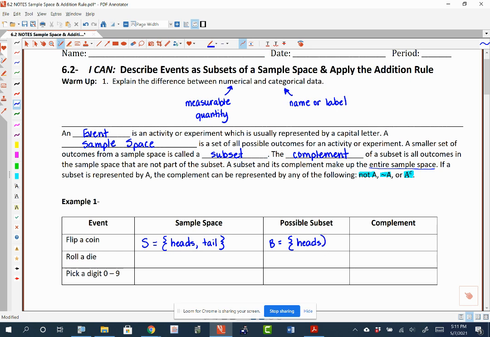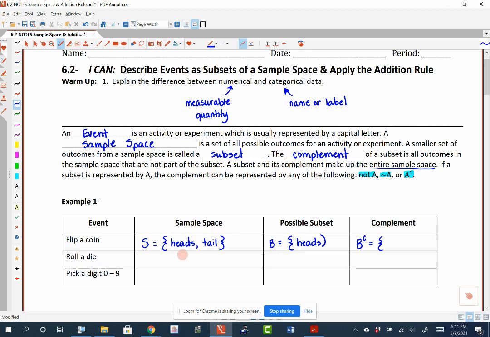So a possible subset. There could be others, but this is just a possible one. My complement, I'll call this B with that exponent of C. Remember, that's one of my options for complement. A complement of a subset is all outcomes in the sample space that are not a part of the subset.